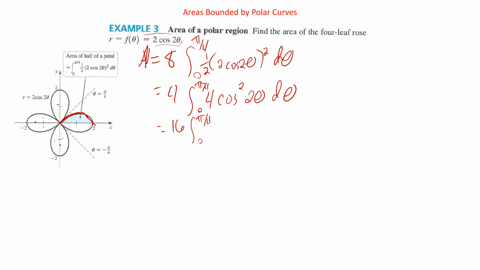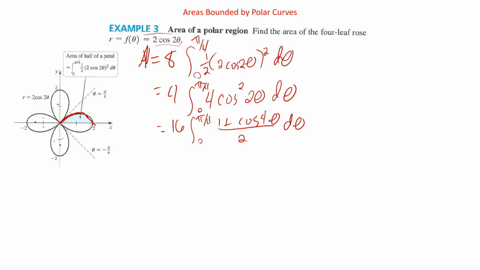Being that we already have 2 theta, this will equal 1 plus cosine of 4 theta over 2 d theta, and that will allow us to do this. If not, you could do this in the calculator to get the numeric derivative. Won't be exact, but it could still work in a pinch.